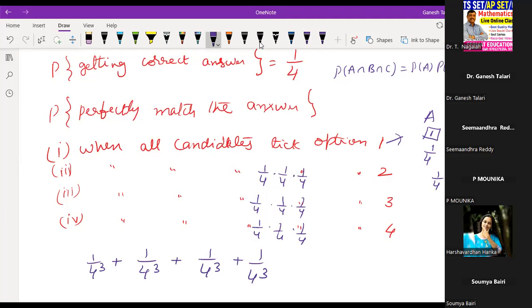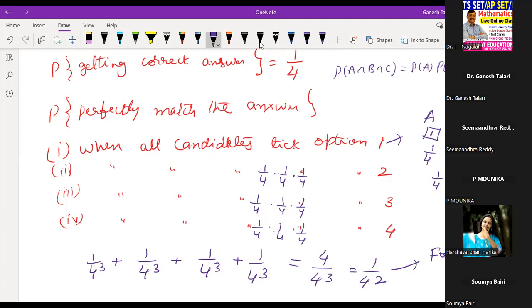There are 4 options: first option, second option, third option, and fourth option. So it is 4 by 4 cube. This I can write 1 by 4 square. This is for question 1 only.